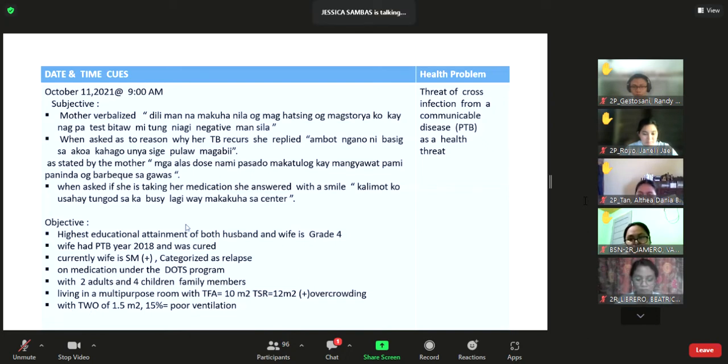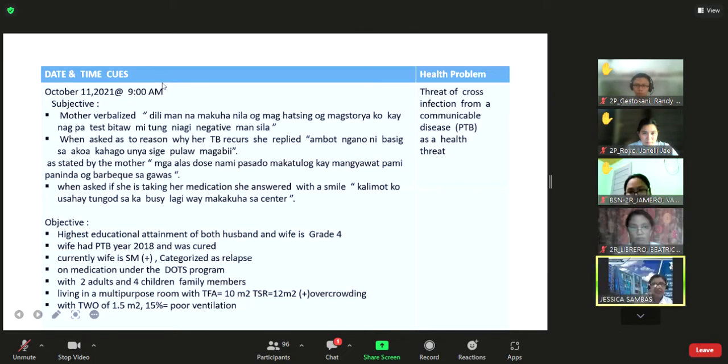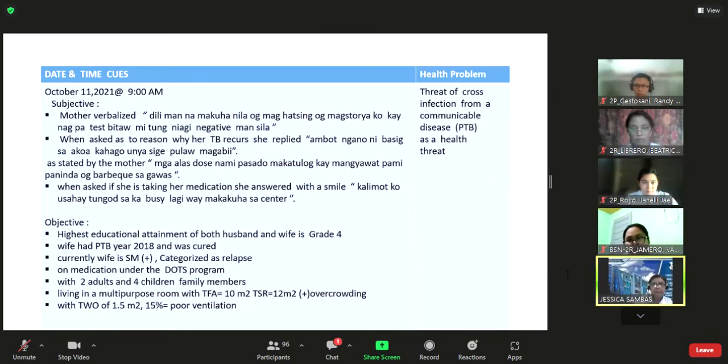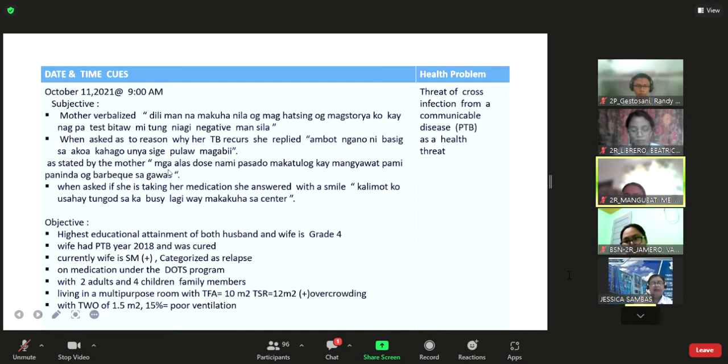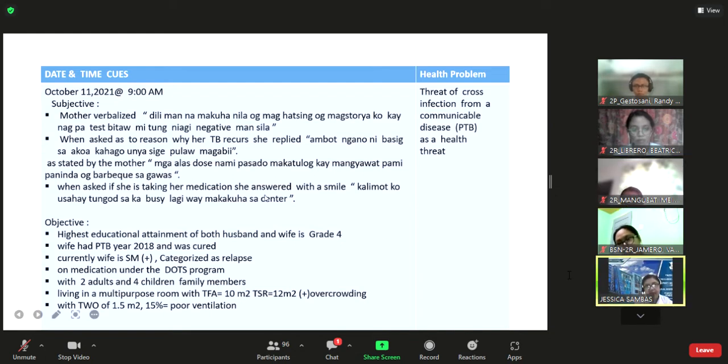Sure? Miss Manggubat, where do we find it? Second level assessment. Okay? Once you have the health problem, when you get to the family nursing problem, yes, you use the typology, but what you look at is the second level assessment.